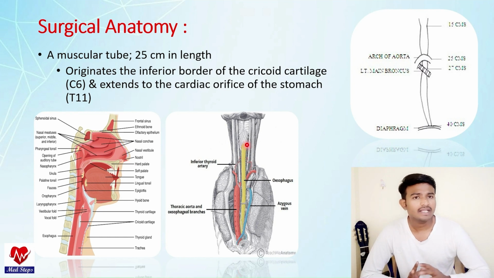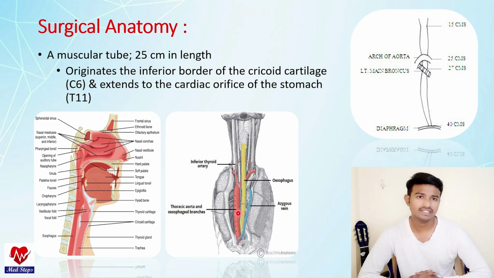Now the arterial supply of the esophagus: it gets blood from branches of the aorta and the inferior thyroid artery. For drainage, the inferior thyroid veins and azygos veins drain blood from the esophagus.